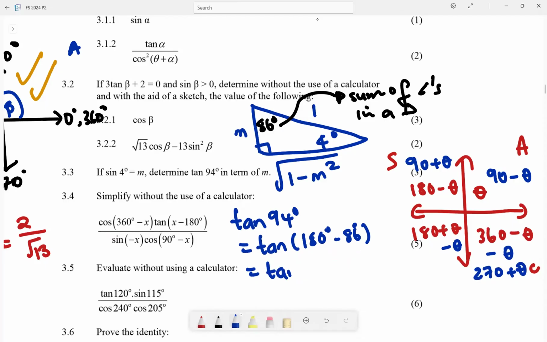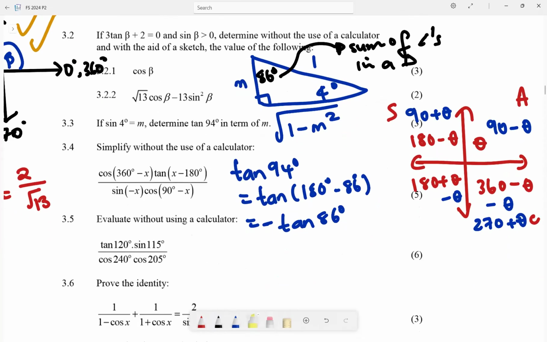Then this will be the same as tan. Okay, how is tan in this quadrant? How is tan in this quadrant? Can you see on 180 minus, tan is negative, only sine is positive. So this will be negative tan 86 degrees. Then you can come here and say, what is tan? I have an angle 86 degrees. What is tan?